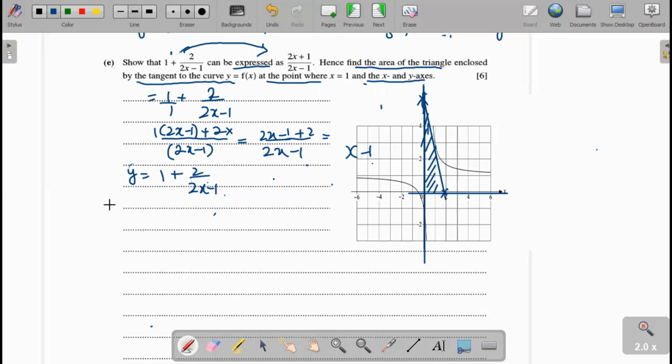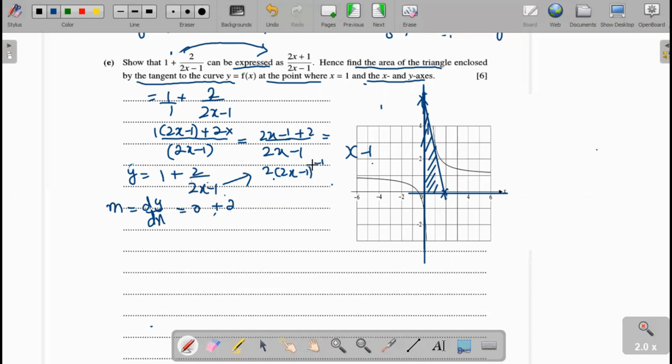Now firstly we find the gradient. The gradient of this line will be equal to dy over dx, and that is equal to 0 plus 2 into 2 over (2x minus 1) power minus 1.